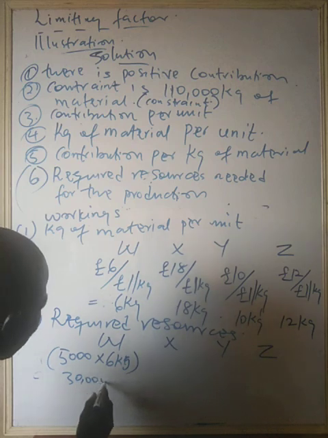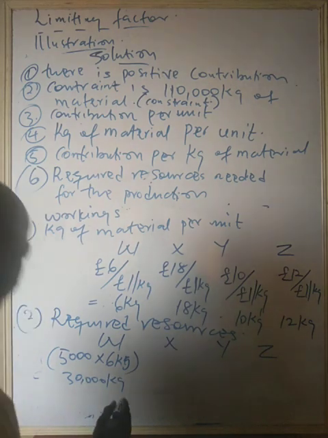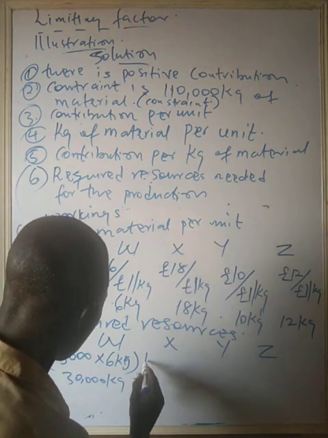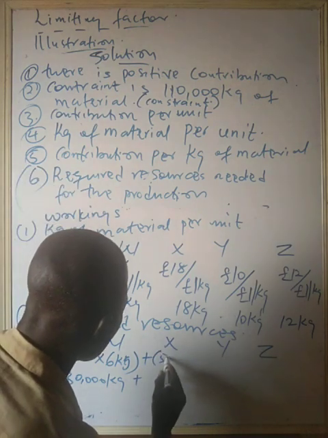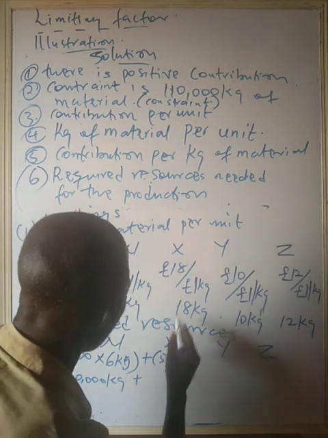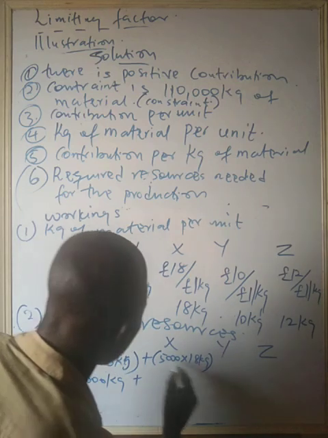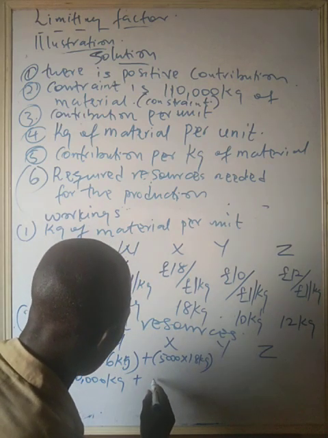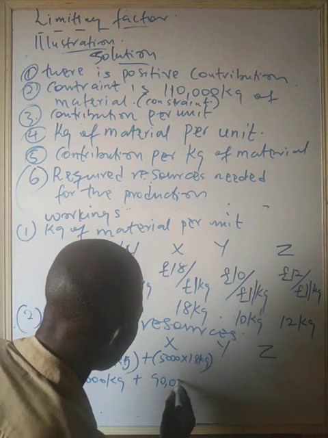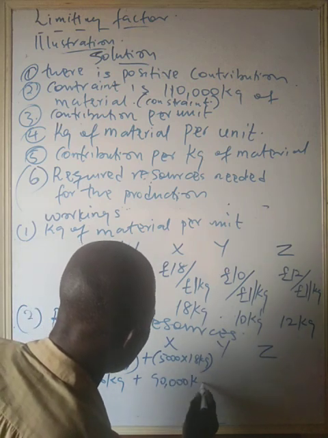and that gives us 30,000 kg, plus 5,000 multiplied by 18 kg, and that gives us 90,000 kg.